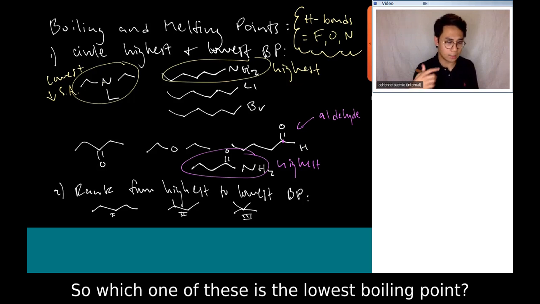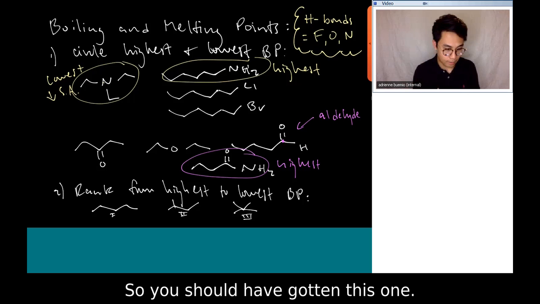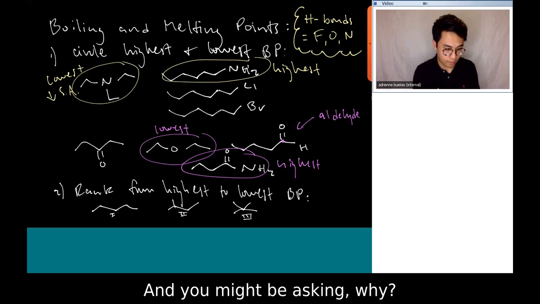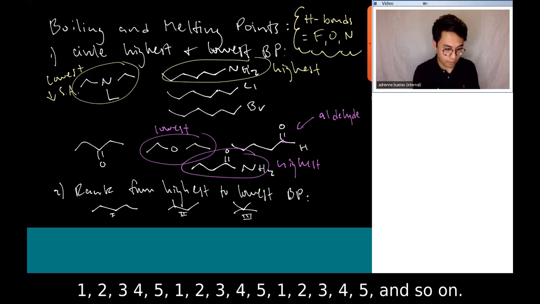So which one of these is the lowest boiling point? You should have gone with this one, and you might be asking why. They all have the same surface area: one, two, three, four, five, and so on.